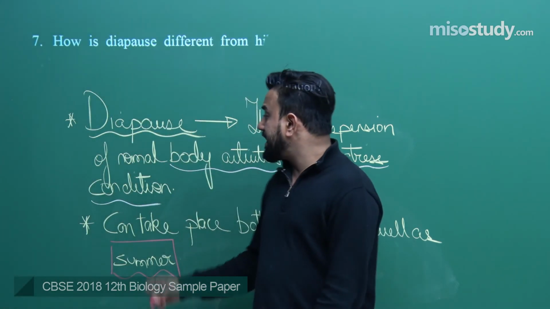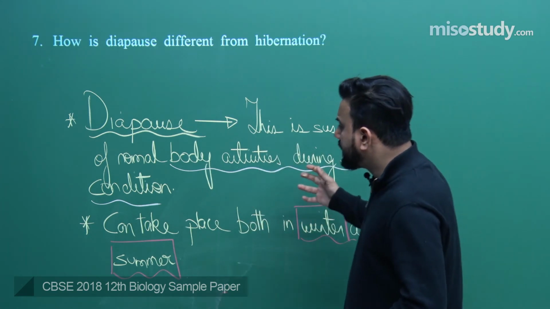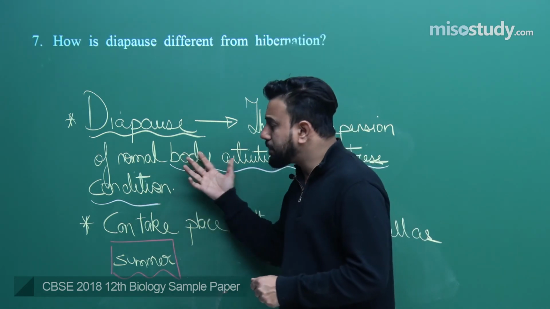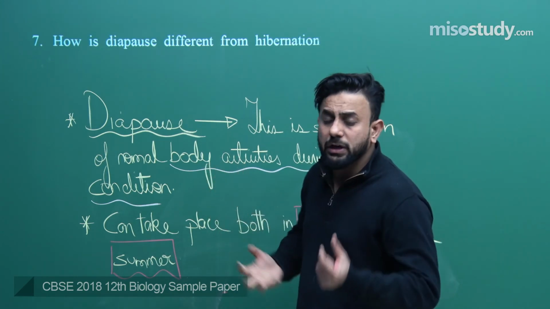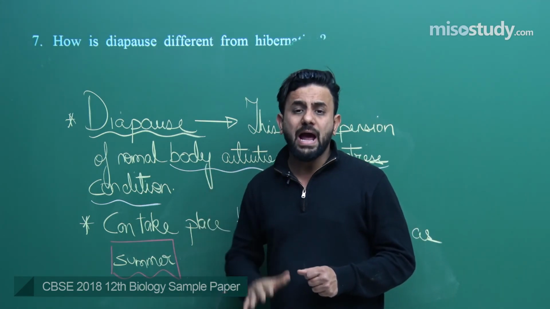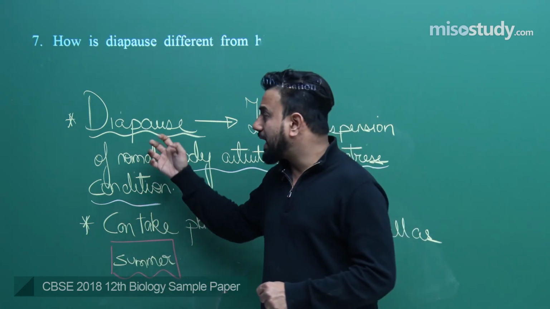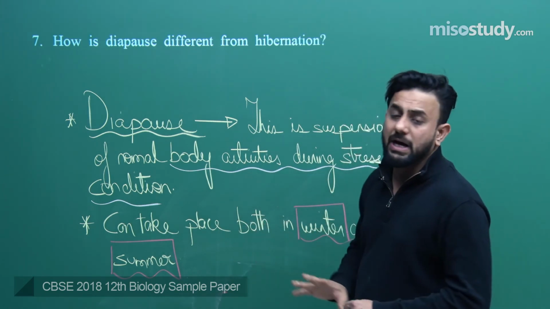So diapause is a suspension that can take place in any condition, at any temperature; it does not depend on any climate. There is a stressful condition, so the organism says, okay, I'm going to suspend my normal activities, and that is called diapause. That can take place both in winter as well as summer.